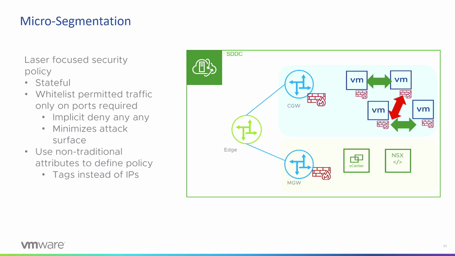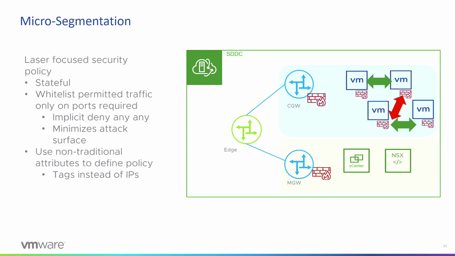This is something that customers have been doing for a number of years now with the on-premises NSX functionality. We've brought this into the software-defined data center so customers can take advantage of it there and then continue to increase their security posture, minimize their attack surface, and simplify their security policy.